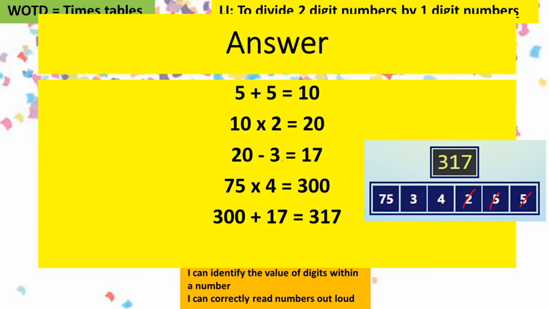Then I'm doing 20 minus or take away 3. 17. Then I've got my 75 multiplied by my 4. I've used all my numbers now, which is 300. And I put these two numbers together that I've made, 300 plus 17 gives us our answer, which is 317. So that's one way that you can reach our target number. So well done if you have got that.